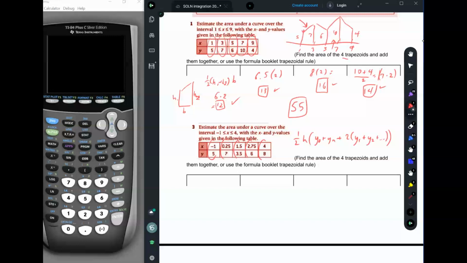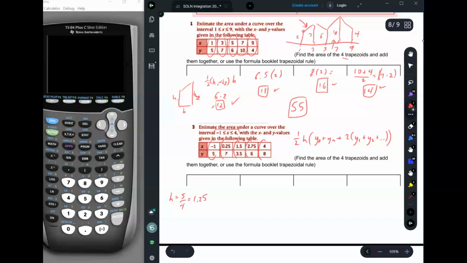So we're going to divide the entire interval into 4 segments, and the entire interval is -1 through 4. -1 through 4 is how wide? It's 5 wide, because you do 4 minus -1. That would give us 4 plus 1, which is 5. So our interval is 5 wide, but we're going to divide it into 4 segments. So each segment is going to be 5 divided by 4, which is equal to 1.25.